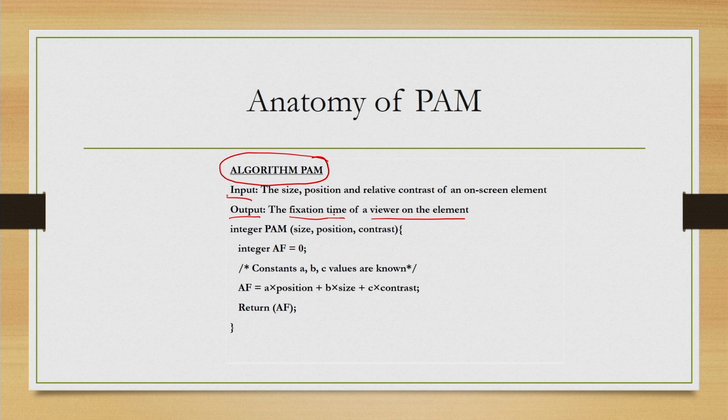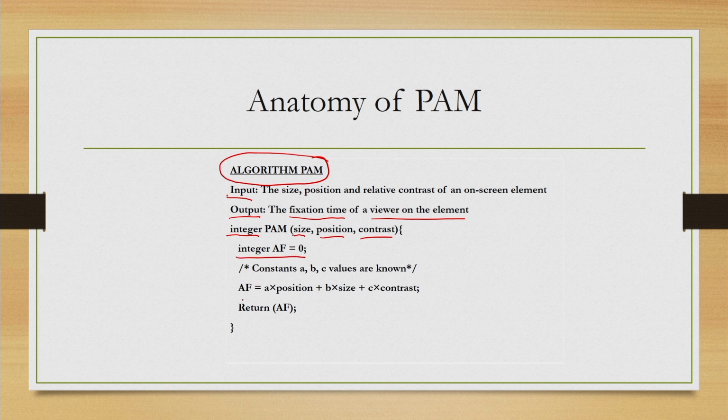Although we are using the term fixation time, this is actually not the exact time being calculated, but instead an indirect indication of the fixation time in terms of the attention factor. And then in the actual function it returns an integer, or you may define it to return a real number, and it takes as input size, position and contrast.